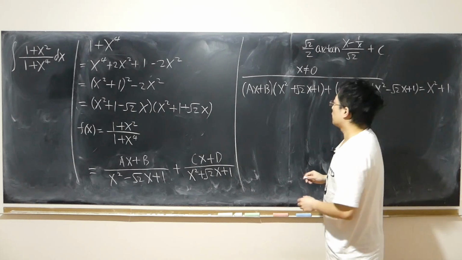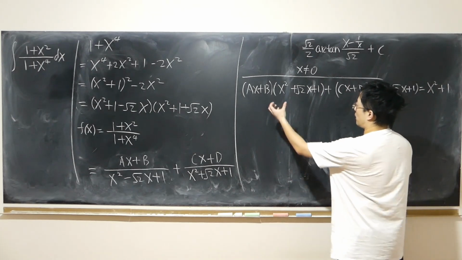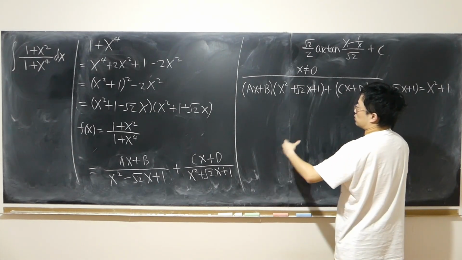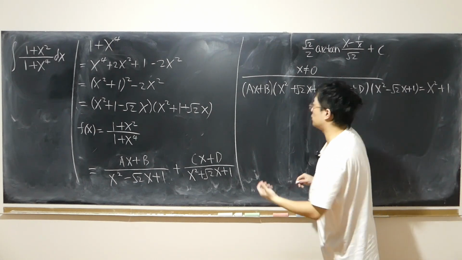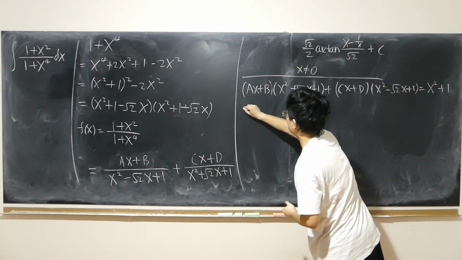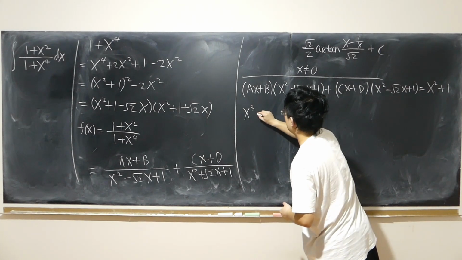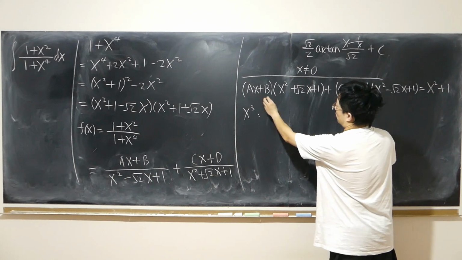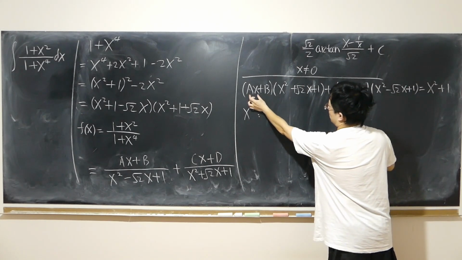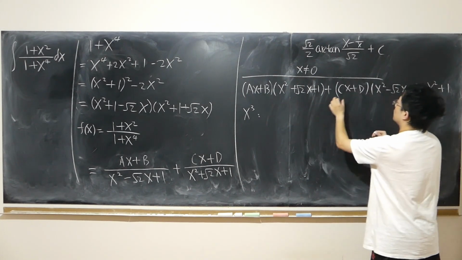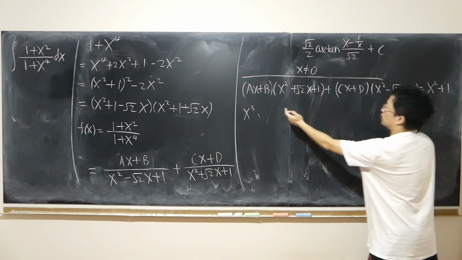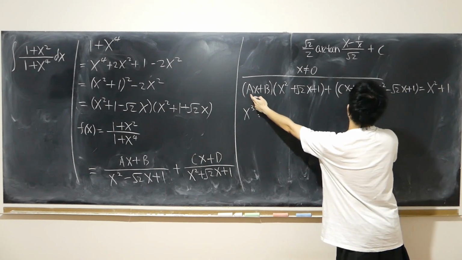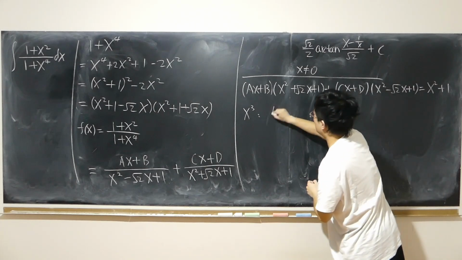Now, instead of expanding everything out, I'm just going to look at the coefficient of the x cubed term. The only possibility is this times that and this times that, so the coefficient is a plus c.